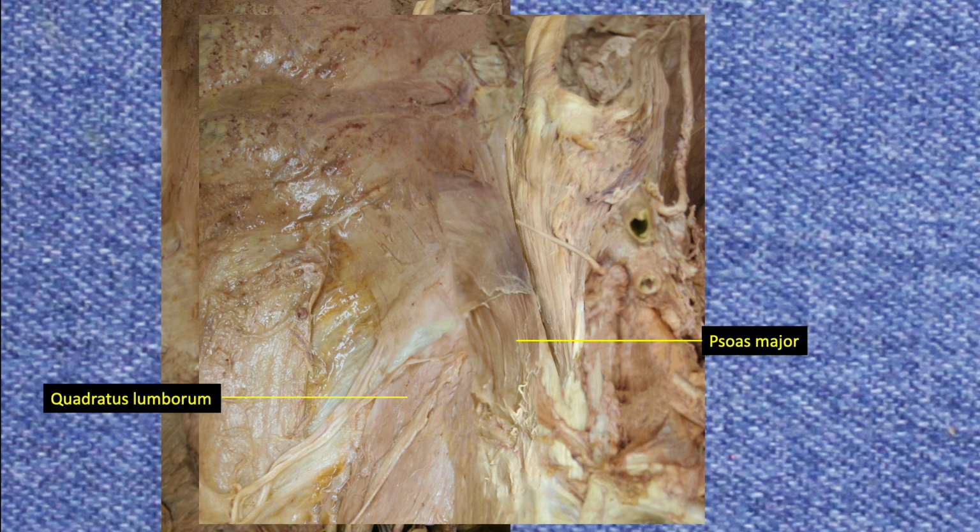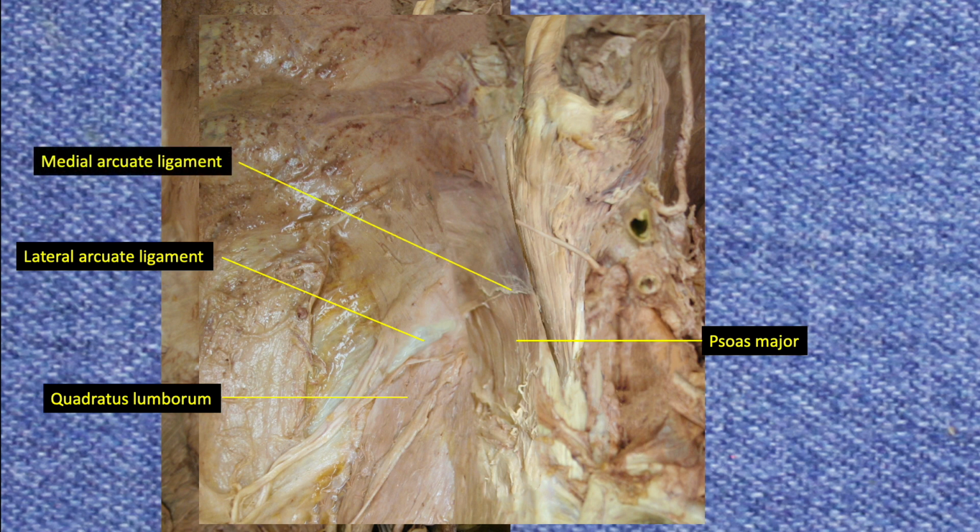The lateral arcuate ligament, as its name implies, is lateral to the medial arcuate ligament. The former domes over the proximal attachment of the quadratus lumborum and is an attachment for the diaphragm. The medial arcuate ligament domes over the psoas major, and it too is an origin of the diaphragm.